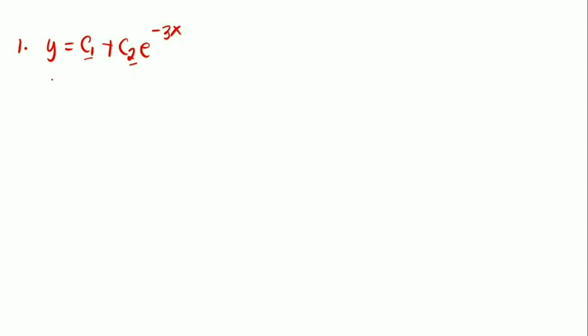Okay? So first, we need to identify the first derivative, which is y prime, is equal to the derivative of y. Then the derivative of the constant c sub 1 is 0, plus the derivative of c sub 2 e raised to negative 3x. Di ba, sa differential calculus, the derivative of e raised to u is equal to e raised to u times du.